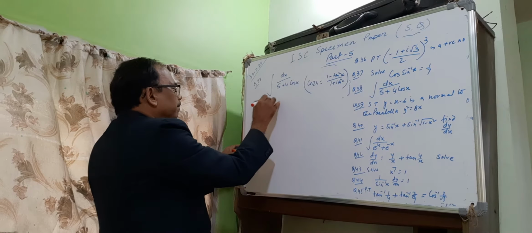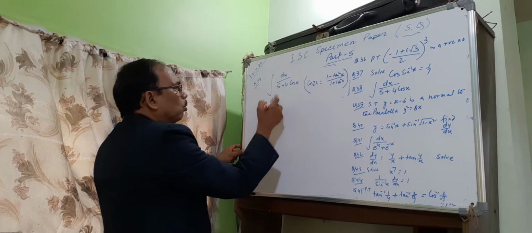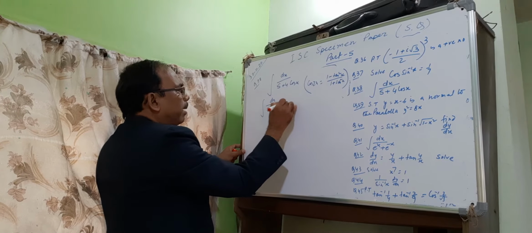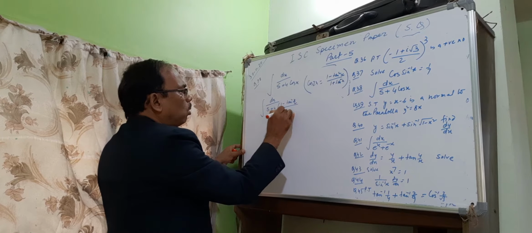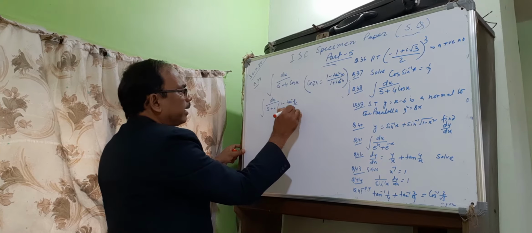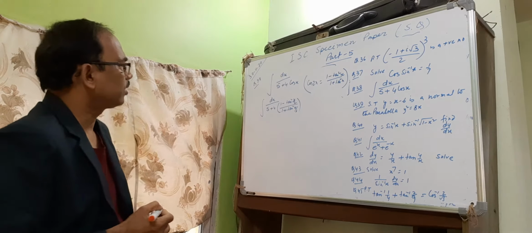We can write dx over 5 plus 4 times (1 minus tan square x by 2) by (1 plus tan square x by 2). That is the multiple angle cos 2x formula.